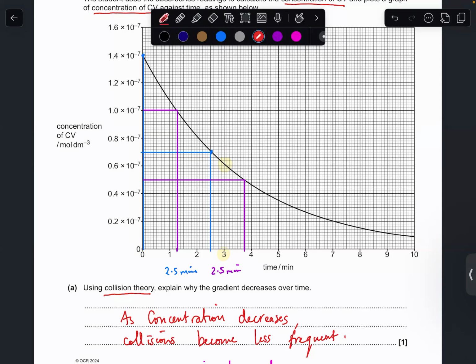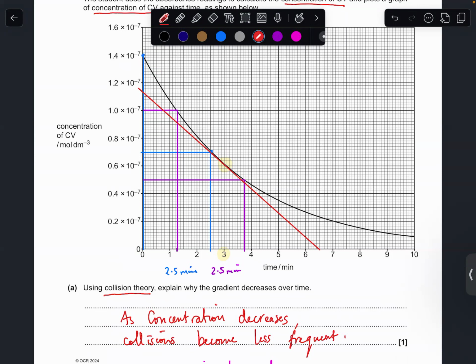I did this with a ruler on the paper, and I saw it cut off around here. There you go. Let's now work out the rate of reaction, which will be concentration divided by time.